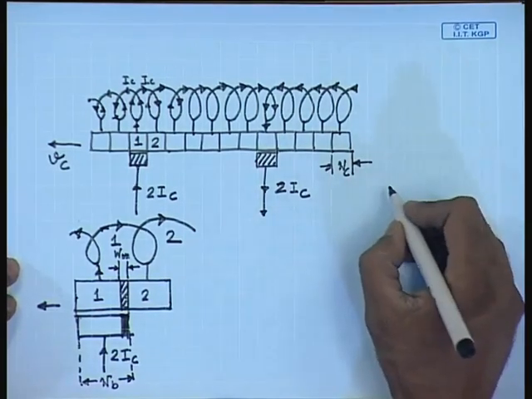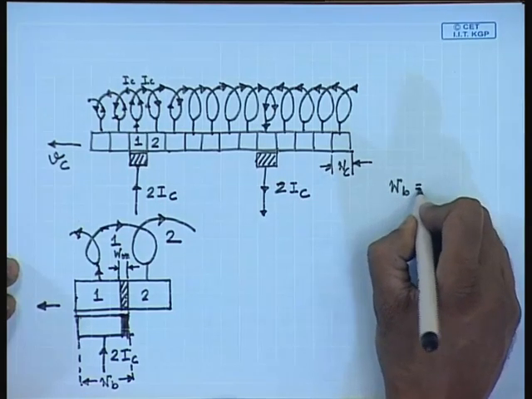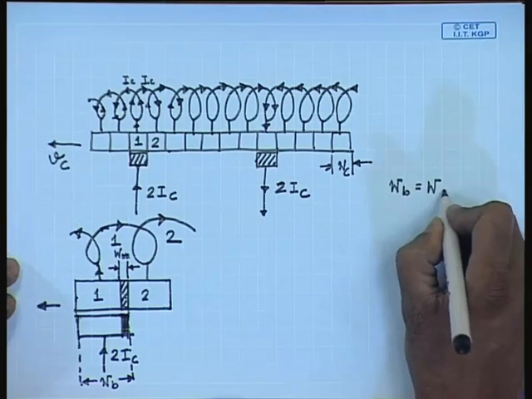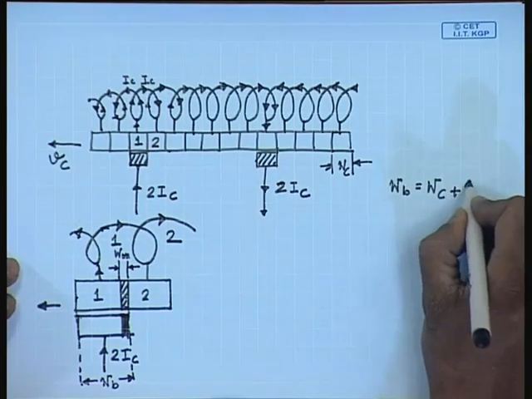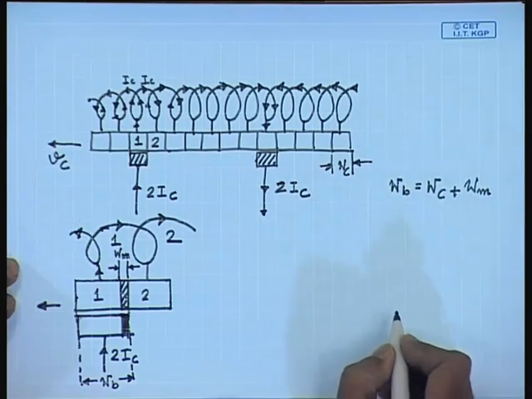In this particular case, we will assume Wb equal to Wc plus Wm, although it is not necessary. In many cases, brush widths are more.